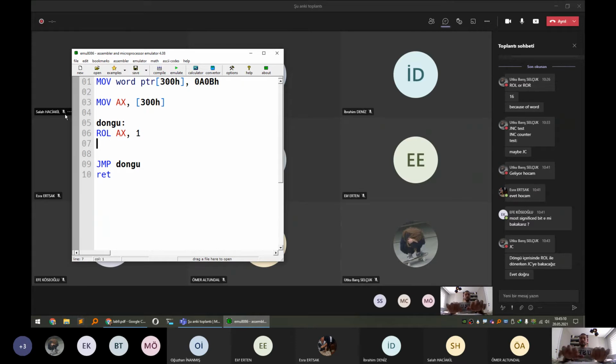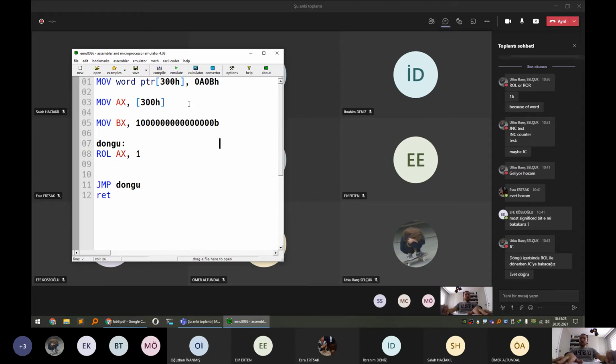If I test this value with BX as binary 1, I can use test AX, BX, and after that I can look at the zero flag.